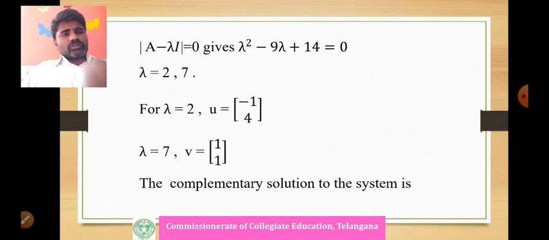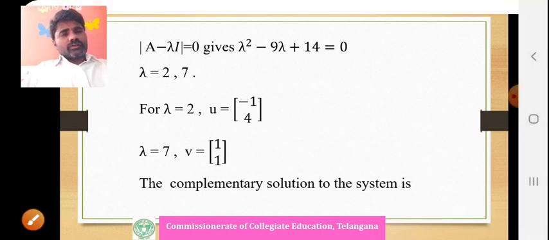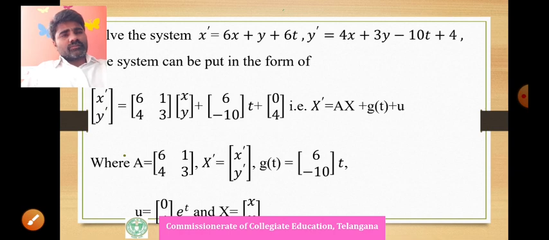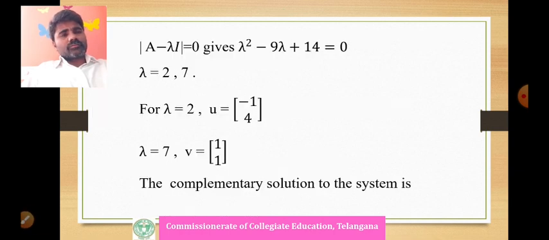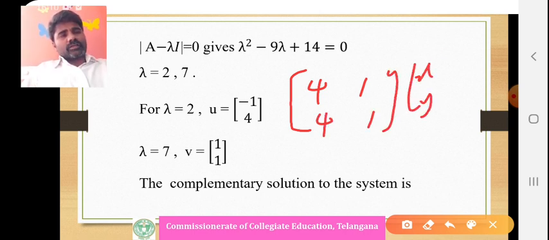Now for lambda equals 2, the eigenvectors are given by solving (A - 2I)x = 0. Here A is [6 1; 4 3], so A minus 2I is [4 1; 4 1], times (x, y) equal to (0, 0).